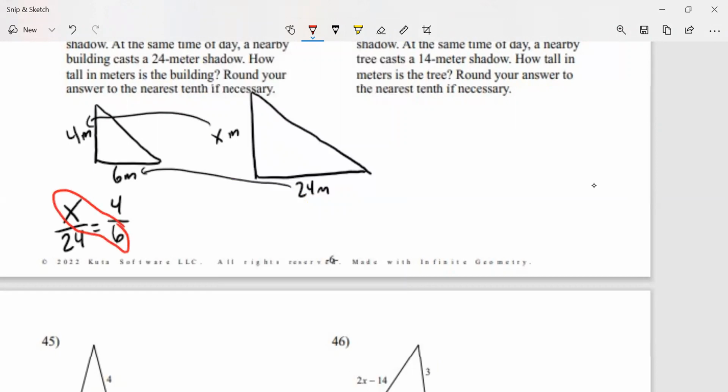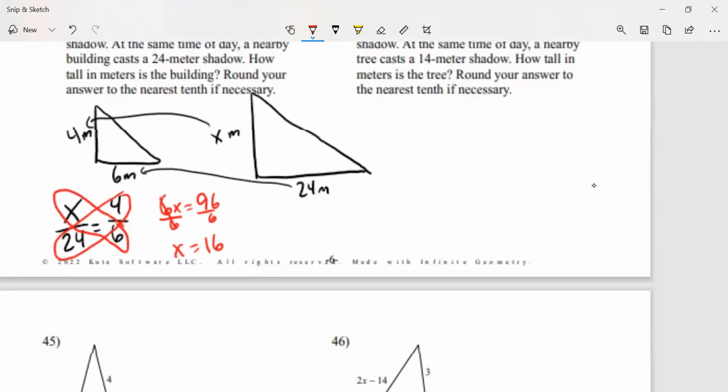X times 6, 6x. 24 times 4 is 96. Now, to solve for x, I'm just going to divide both sides by 6. Use a calculator if you need to. 96 divided by 6 happens to be 16.